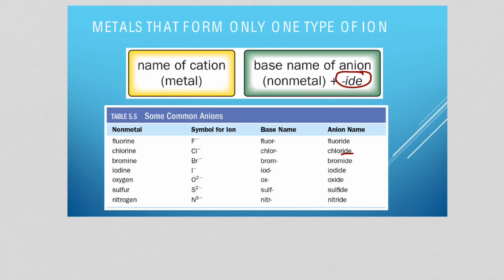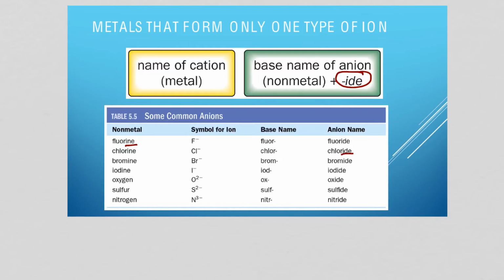Now some of these are very straightforward, and you won't need to really work on them very much. Some of them may be a little bit trickier because you notice we don't always cut off the same number of letters, right? For the halogens, it's pretty straightforward. We just replace the INE with the IDE. But when we get into things like oxygen, sulfur, nitrogen, we have to take off various numbers of letters to get the proper name.